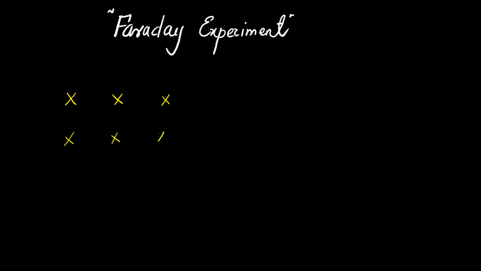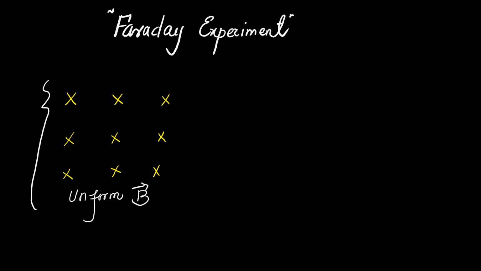In his first experiment, Faraday used a magnet having a uniform magnetic field B. The magnetic field lines of this magnet are directed inward.